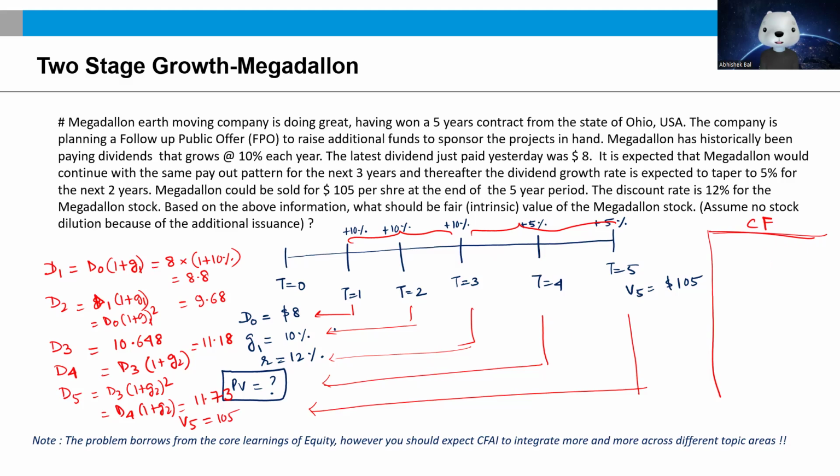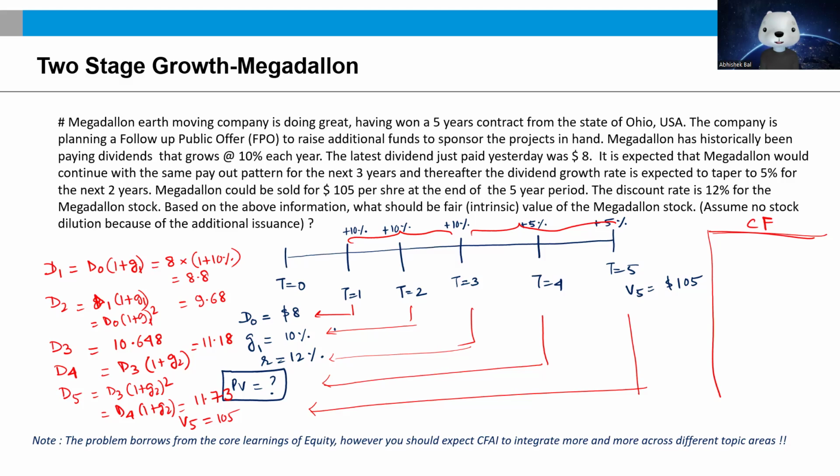So the first value is 8.8. The second one is 9.68, that is CF2. Cash flow number 2 is 9.68. Third one is 10.648.